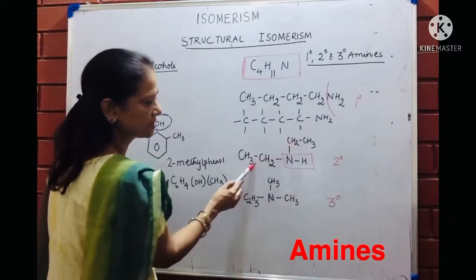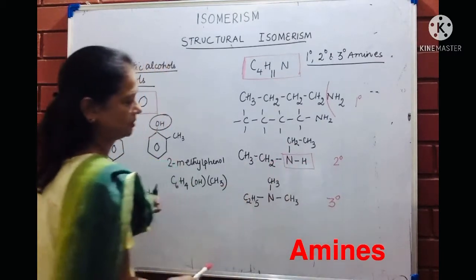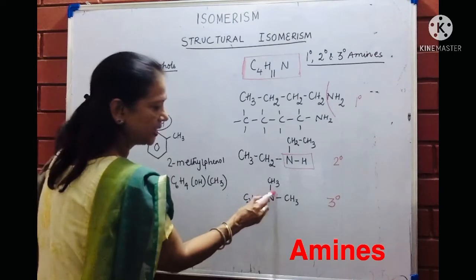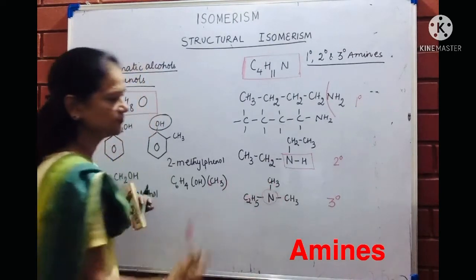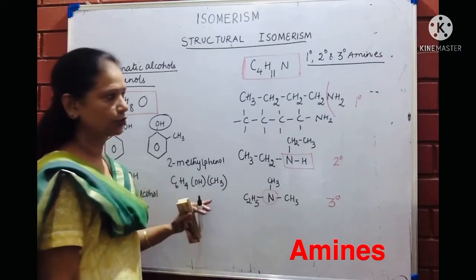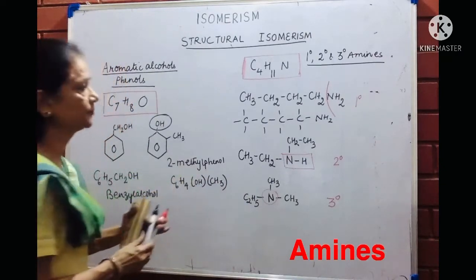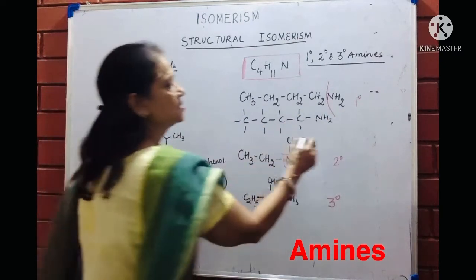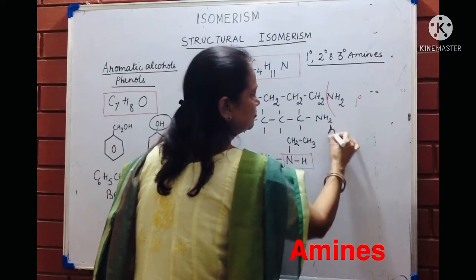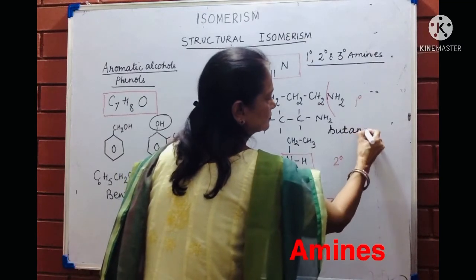So now this compound becomes a secondary amine. If I have only N, it becomes a tertiary amine. On all 3 sides we will have alkyl groups. Now naming the compound. Since this compound contained 4 carbon atoms, I'll say this is butane amine.